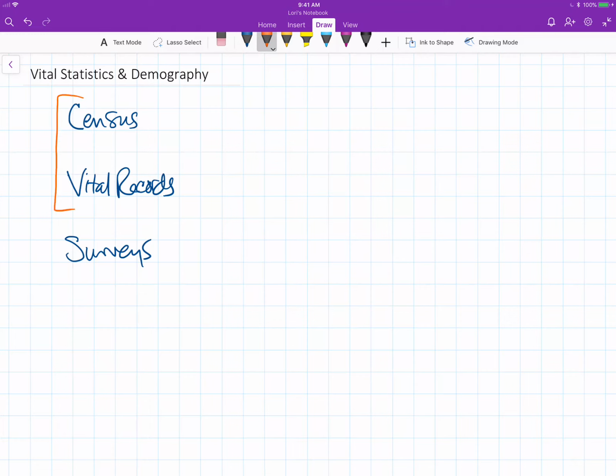These two things are similar to each other in that we try to capture 100% of the population. Very often in our work with evidence-based public health, we are not trying to capture every single person, but the census and vital records are different.